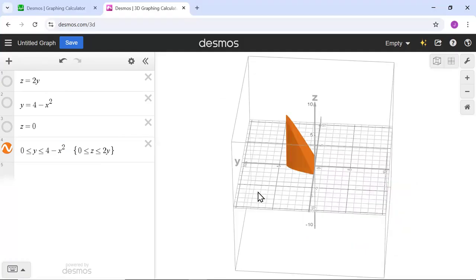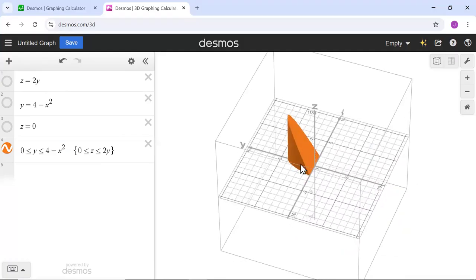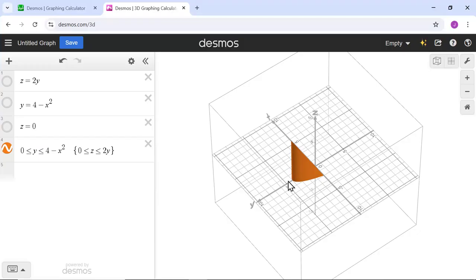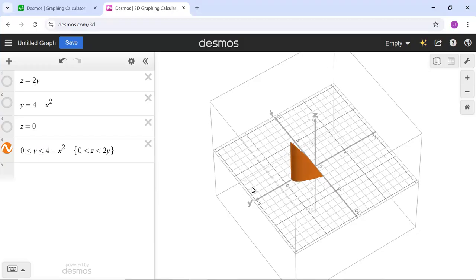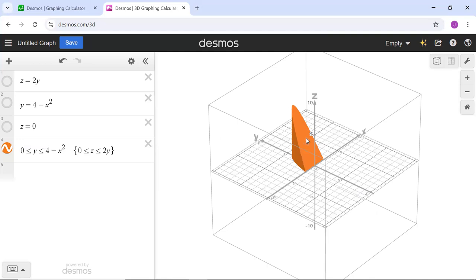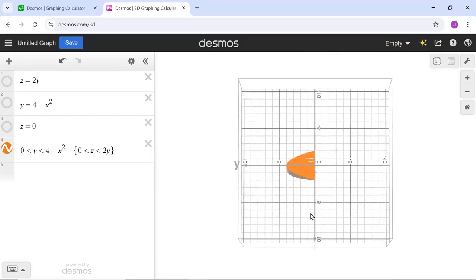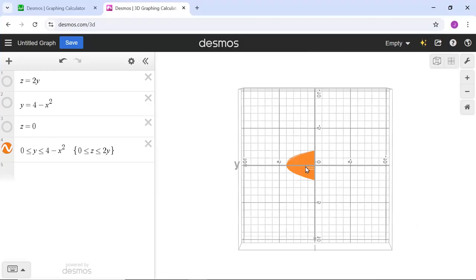So this is my domain here. And you'll notice that this domain, the boundary of this object, has three surfaces. It has this curved portion of 4 minus x squared, this flat portion up here of z equals 2y, and this bottom portion down here of z equals 0, or the xy plane.